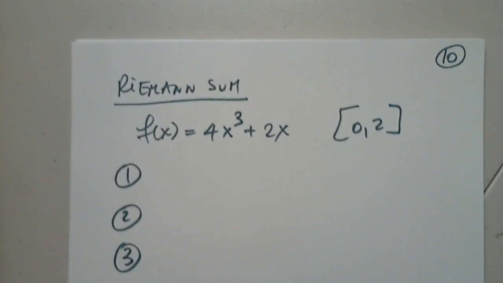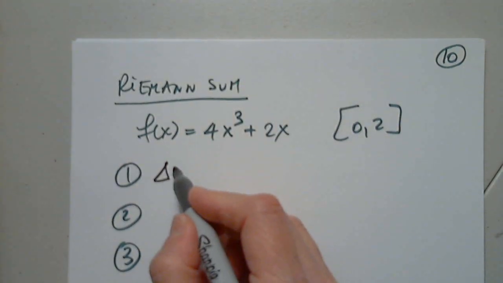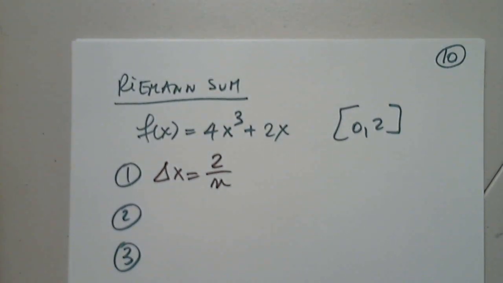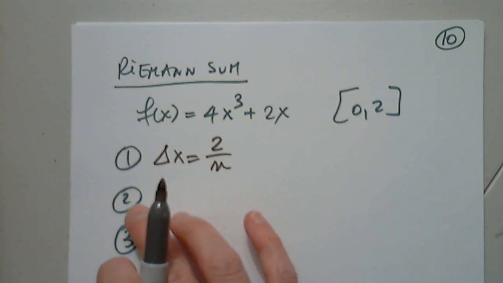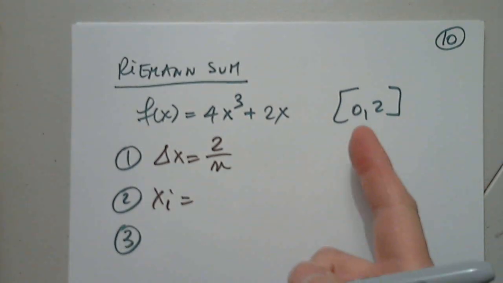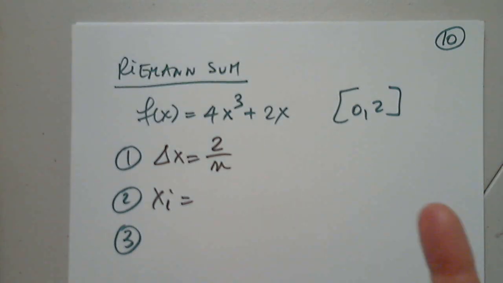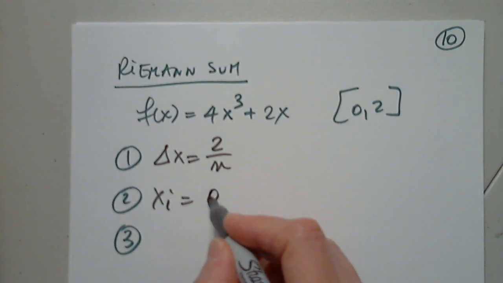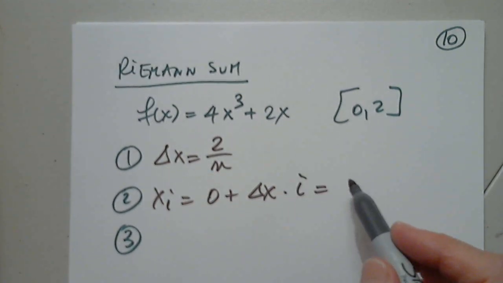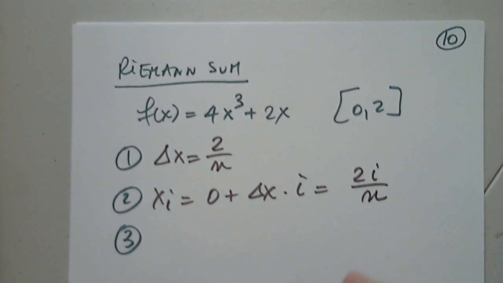What is the first prep? Name the function. Delta x: 2 minus 0 over n. Prep number 2 is xi: 0 plus delta x times i. So this is 2i over n.